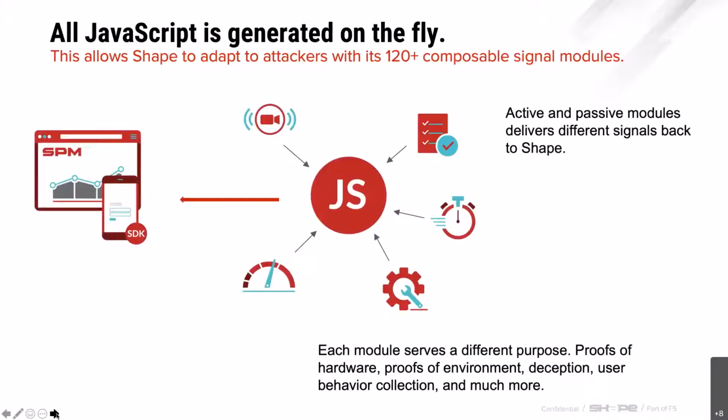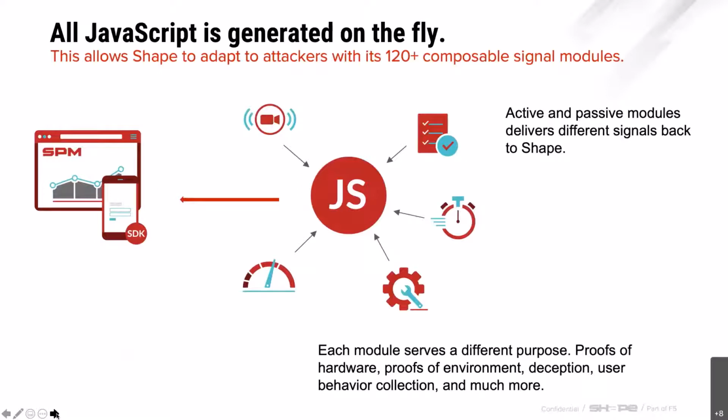So, like all good armies, we don't deploy all of our weaponry in one go. We have an out-of-the-box configuration with many signals to start with. But we also keep some in reserve, and we can develop new signals if we need to.